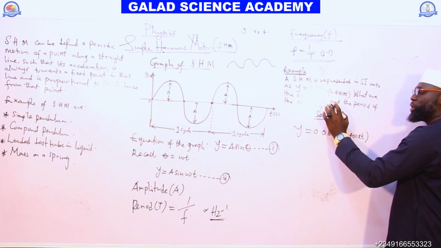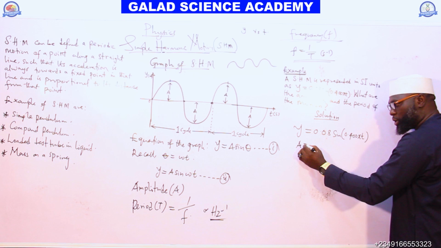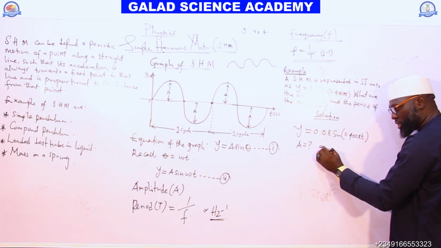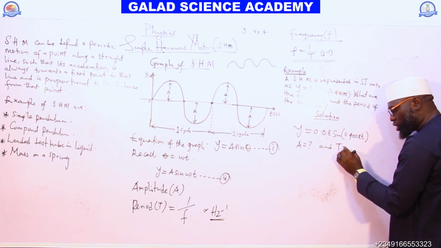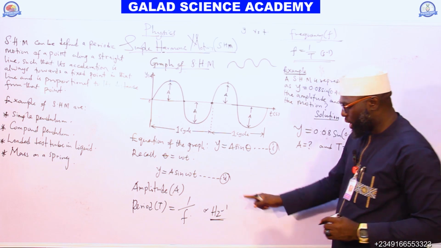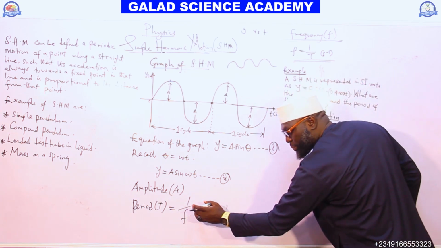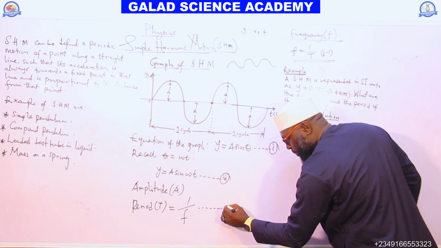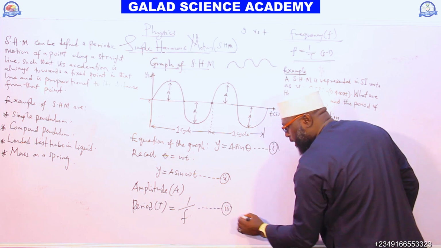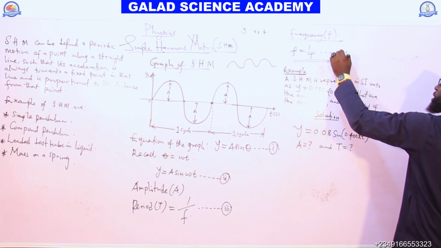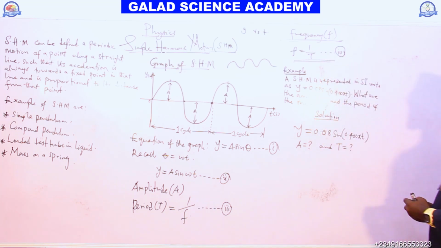What are the amplitude A, unknown, and the period of the motion T, also unknown? Yes, this is equation 1, equation 2. The formula for period here, let us call it equation 3. The formula for frequency here, let us call it equation 4.